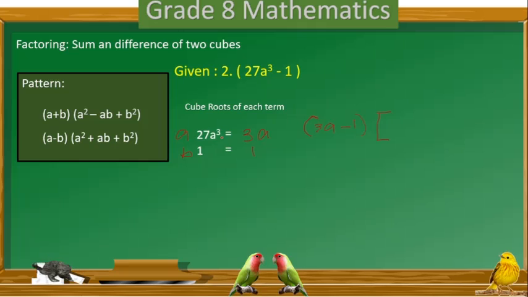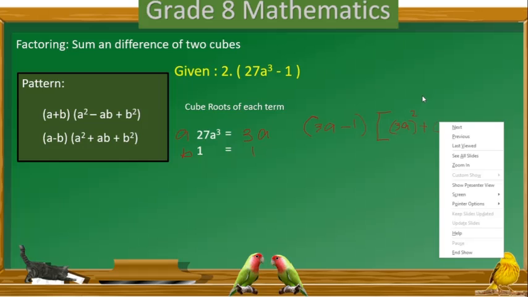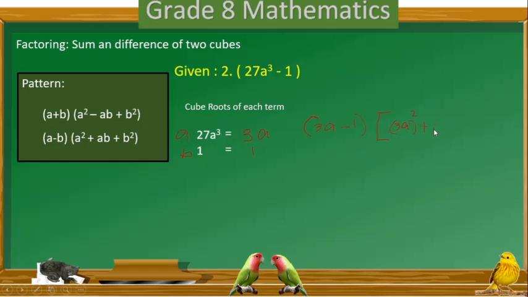it says square of a, so 3a squared, then the opposite is plus the product of a and b. What is our a? 3a. What is our b? It is 1, then plus, what is our b? 1.